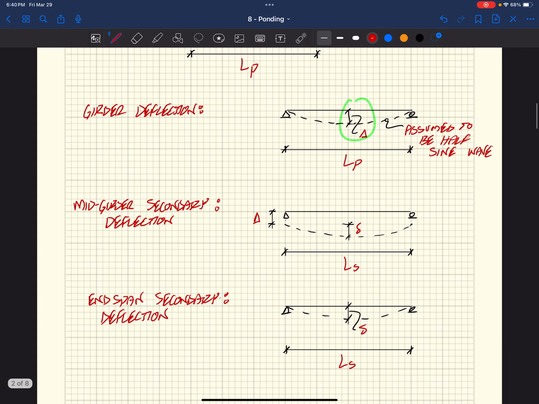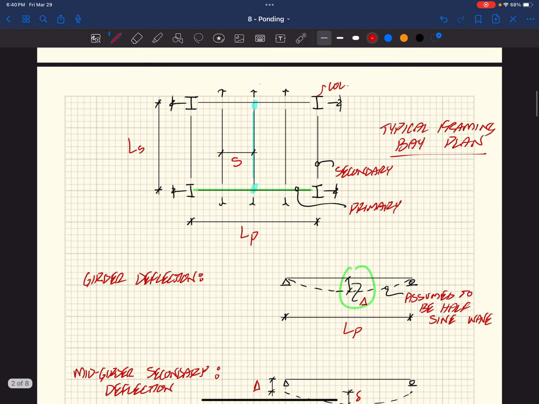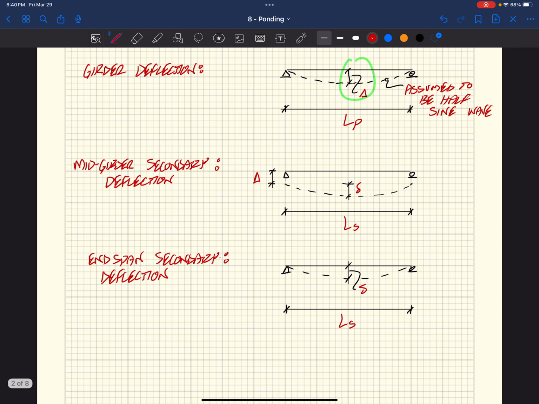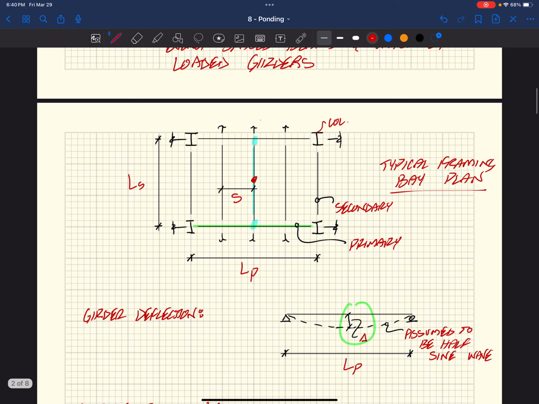So what do they do here? Well, they came up with this idea that in the center right here, that's going to be our maximum displacement. And so they came up with a way of using the displacement behavior, assuming these half sine waves occur, and that the center joist or beam is going to be the worst off, because it's going to be deflecting already the girder plus its own displacement in the center, versus what's going on out at the ends.